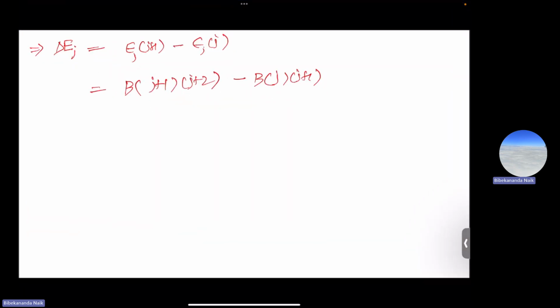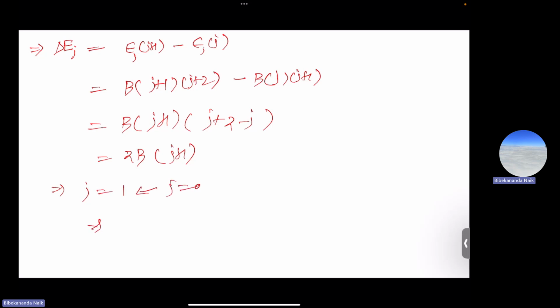So this is the expression. If you calculate, (J plus 1) is common, so B (J plus 1) times (J plus 2 minus J), it is 2B (J plus 1). So for the transition from J equals 0 to J equals 1, this delta E is 2B(0 plus 1), that is 2B.